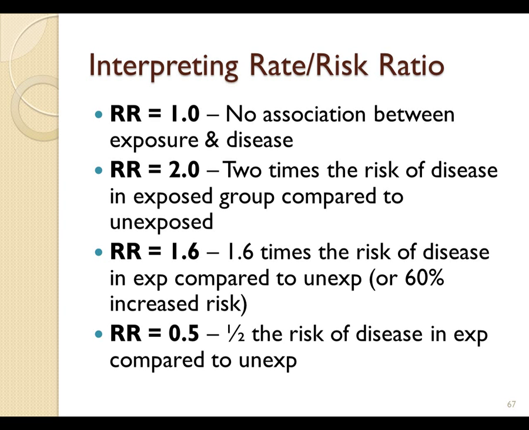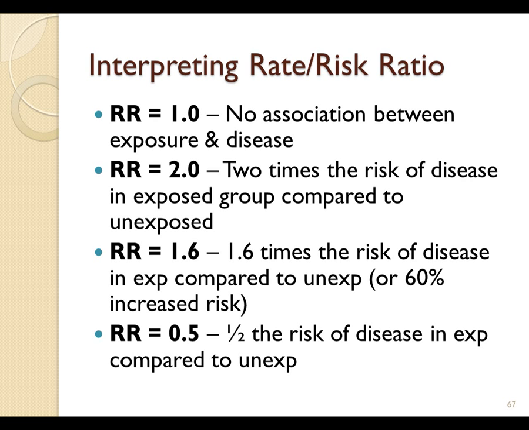So we sometimes refer to 1 as the null value, because a ratio of 1 to 1 indicates that there's no difference between the two groups. A risk ratio or a rate ratio of 2 indicates 2 times the risk of disease in the exposed compared to the unexposed. Again, remember, we're talking about a ratio, so you have to make explicit the comparisons that you're making: the exposed group compared to the unexposed group.